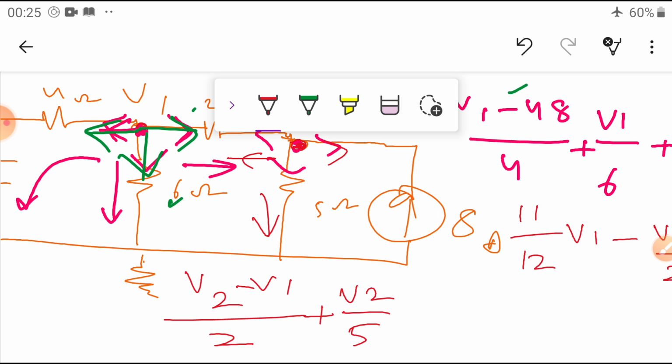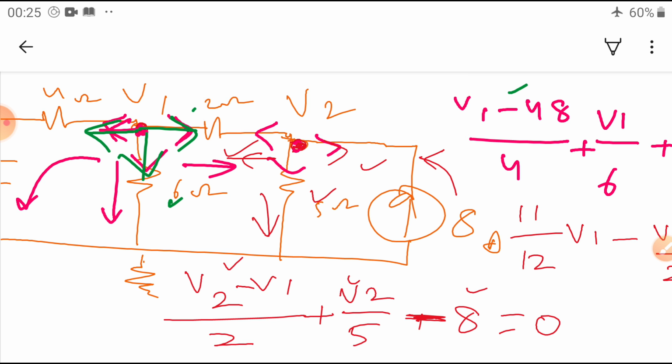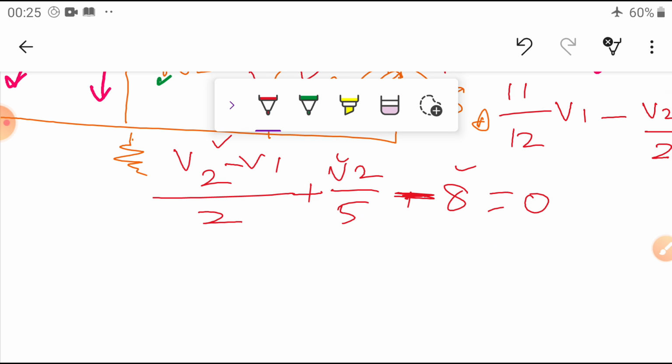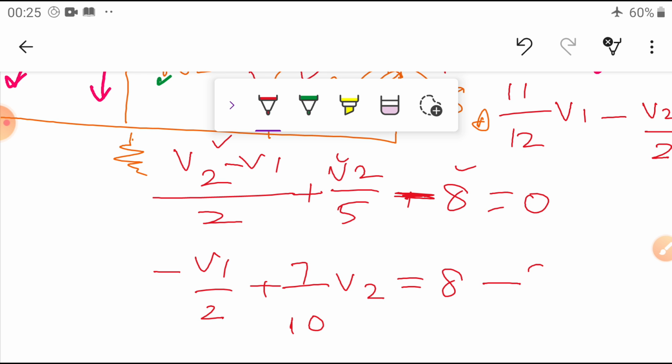Next, this current comes in the reverse direction, so take minus 8, equal to 0. Each term is directly the current. Then simplify: minus V1 by 2 plus 7 by 10 V2 is equal to 8. This is the second equation.